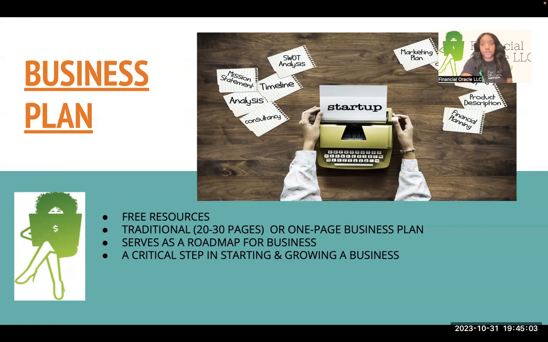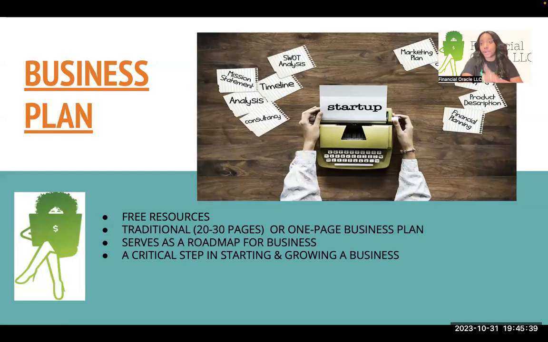There are two types of business plans. You have the traditional one that can be up to 30 pages, and then you also have the one-page business plan. Typically that's what I would suggest. It's like the traditional business plan, but lowered all the way down to one page, which is still effective, and a lot of people nowadays are referring to that.